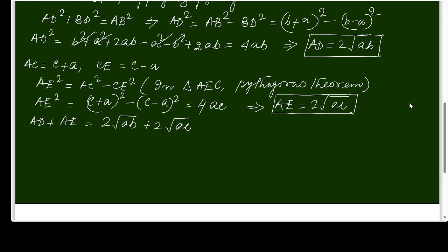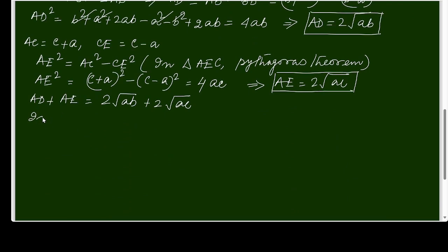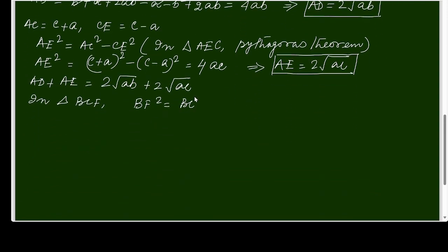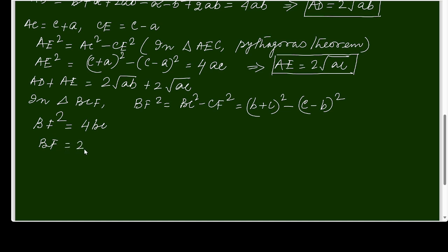I repeat, in triangle B'C'F, BF square equals B'C' square minus C'F square, which is b plus c whole square minus c minus b whole square. So BF square equals 4bc, or BF equals 2 square root bc.